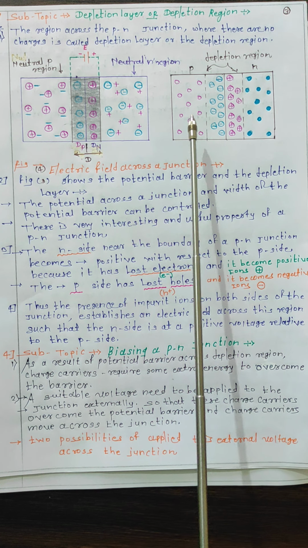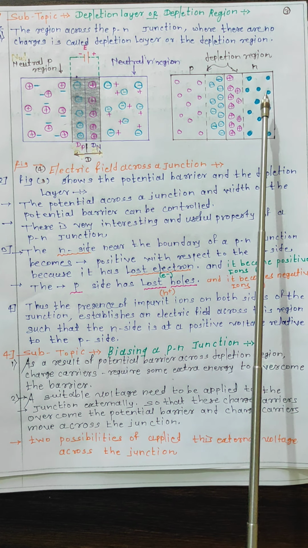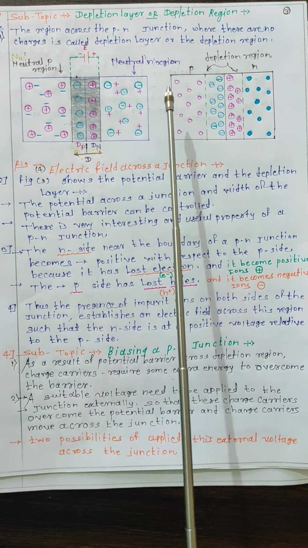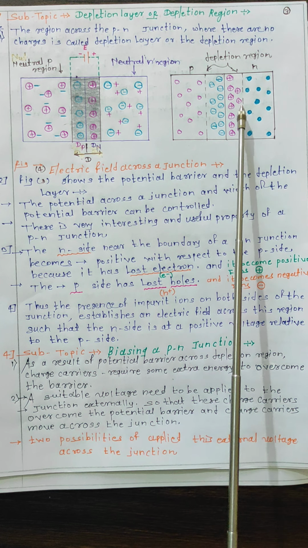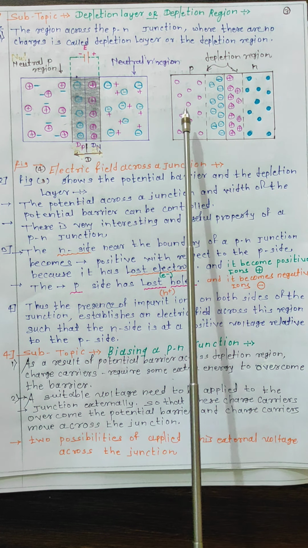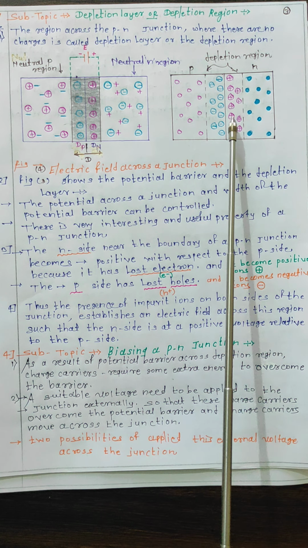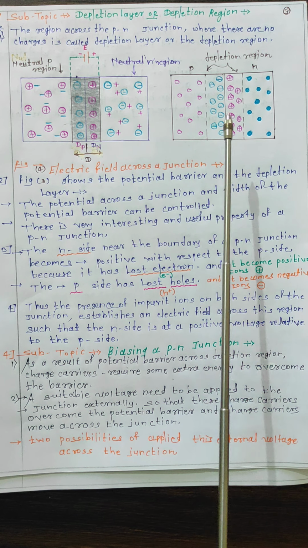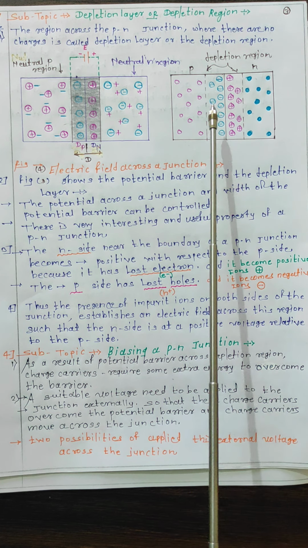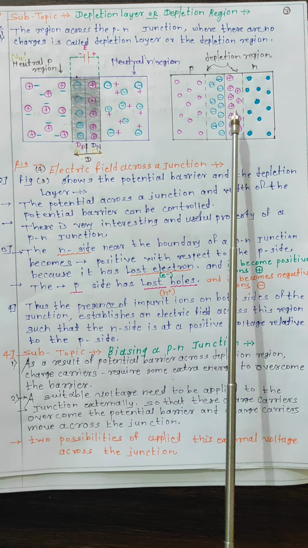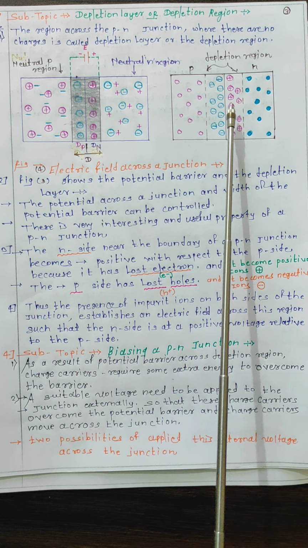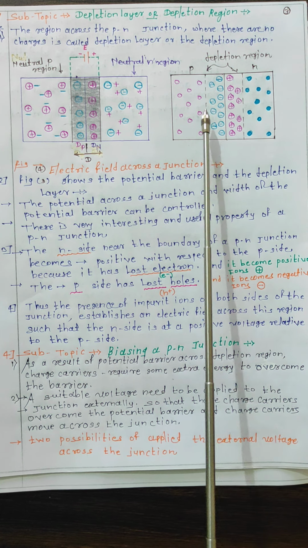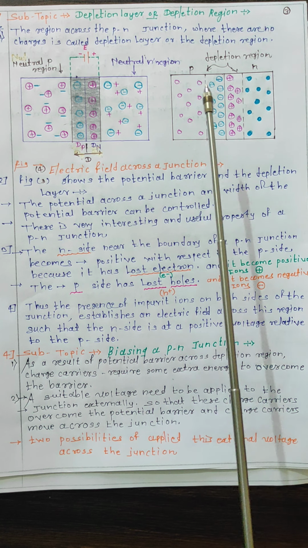In this figure, the N region loses electrons and becomes positive ions, and the P side loses holes and becomes negative ions. So near the PN junction, positive ions are formed on the side of the N region and negative ions in the P region.